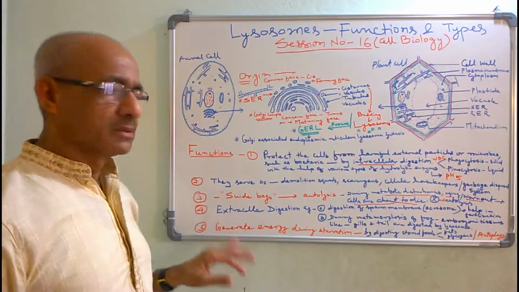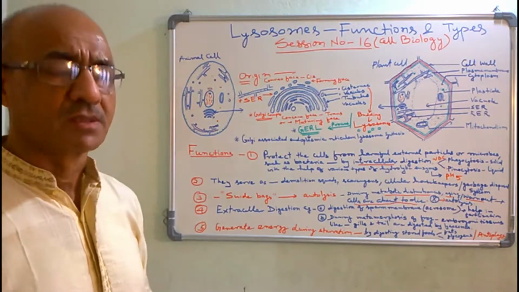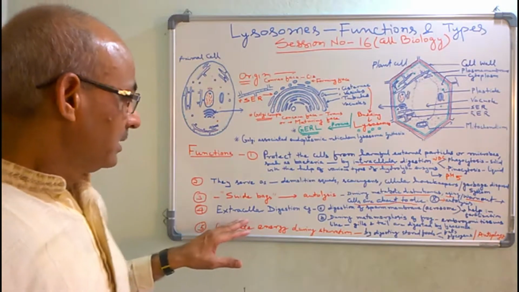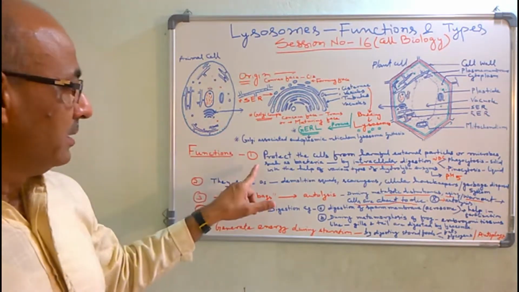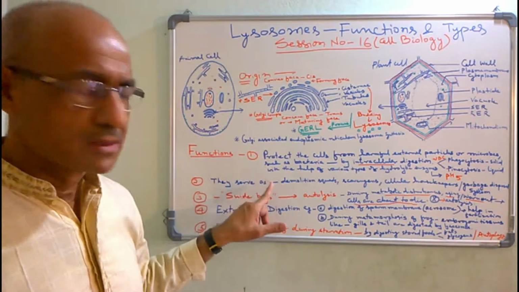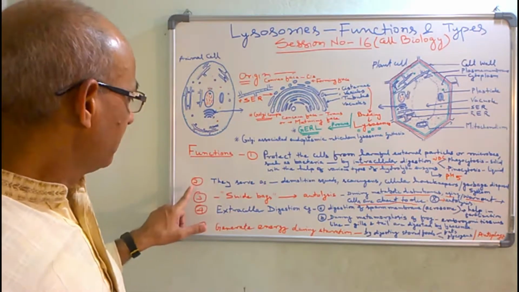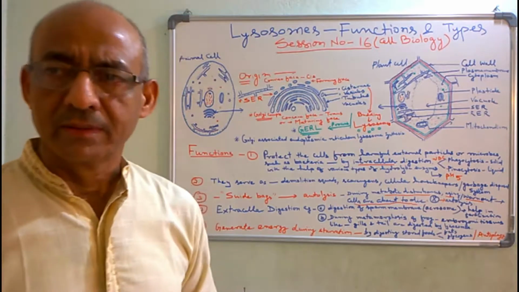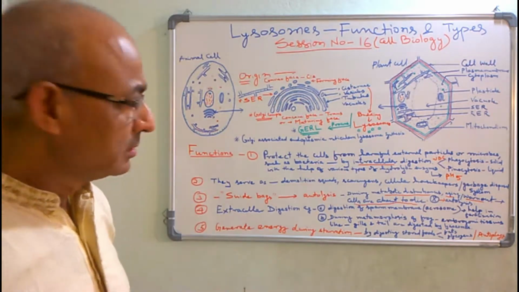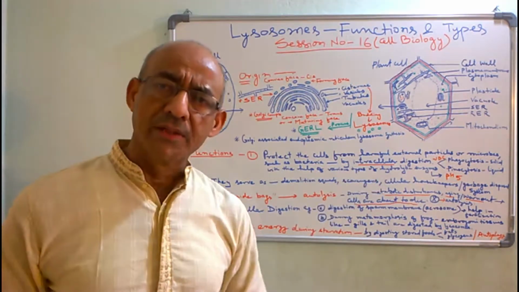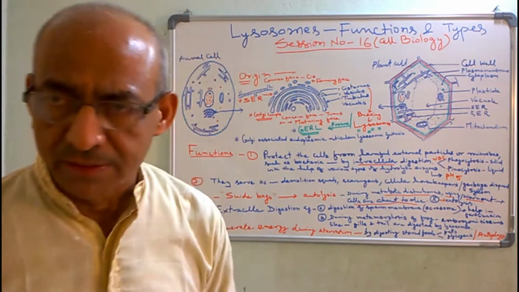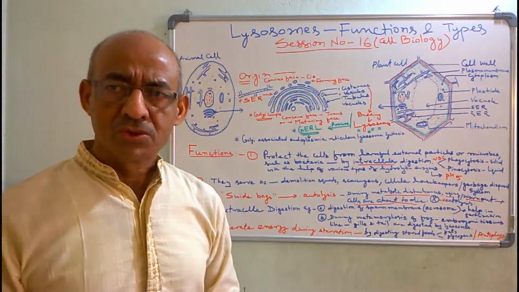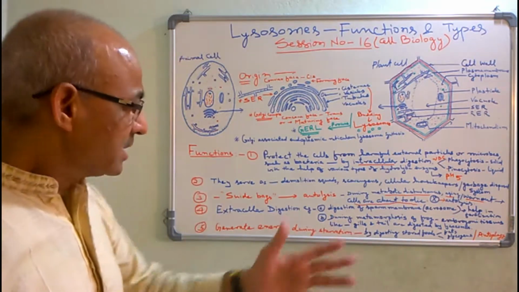Now we will discuss the fourth function of the lysosomes. In the first, second and third cases, we find they are performing intracellular digestion inside the cell. But sometimes they also perform extracellular digestion.